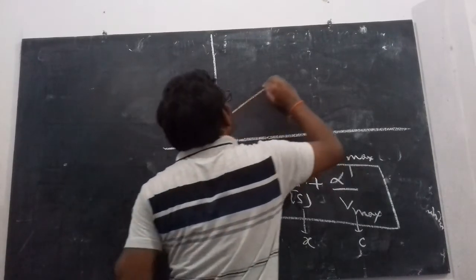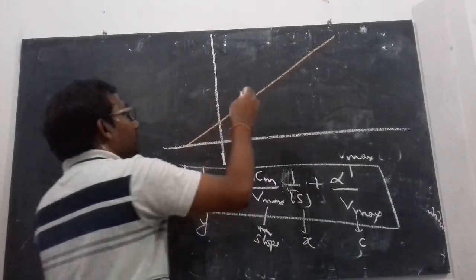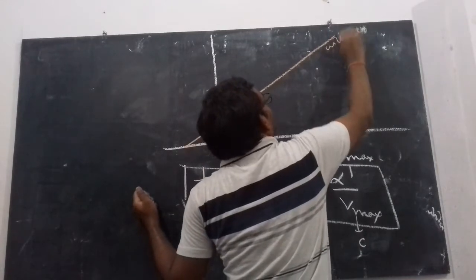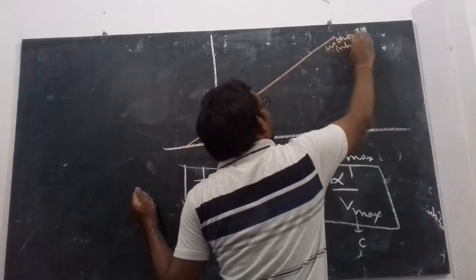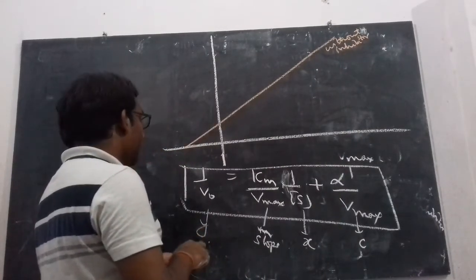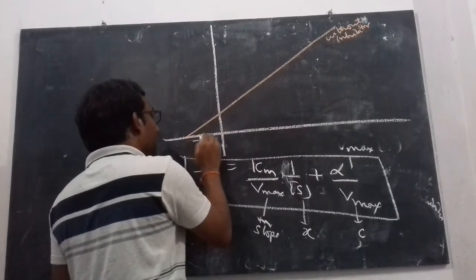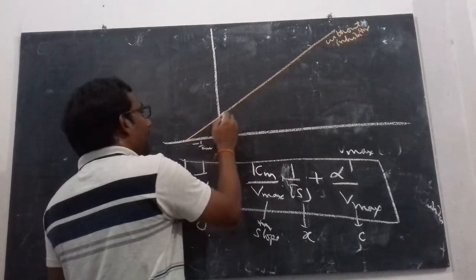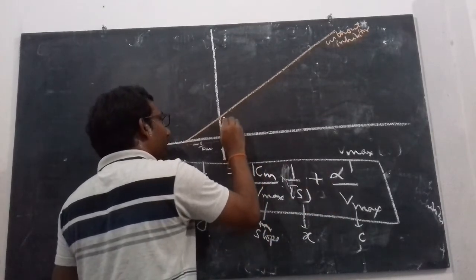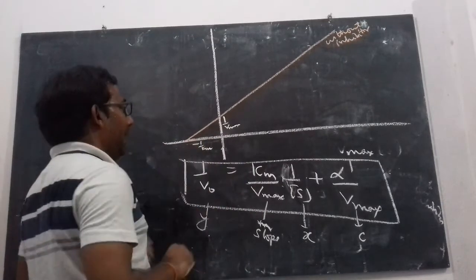Say this is the graph without inhibitor. So without inhibitor, at that time the value of intercept on x-axis was minus 1 by Km. Do you remember? And intercept on y-axis was 1 by Vmax. This was the intercept on y-axis, this was the intercept on x-axis.